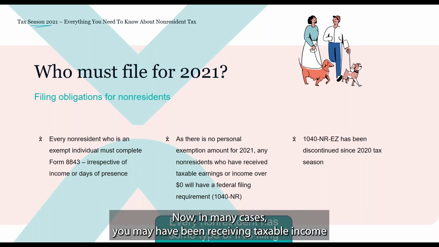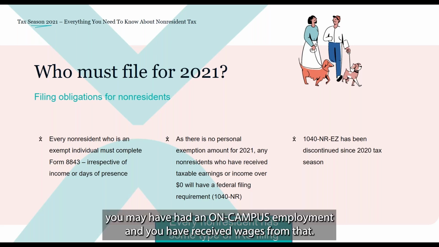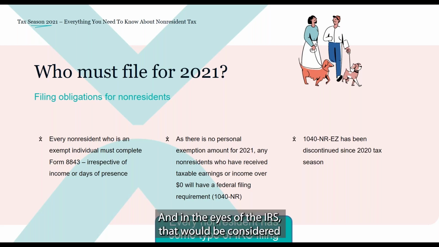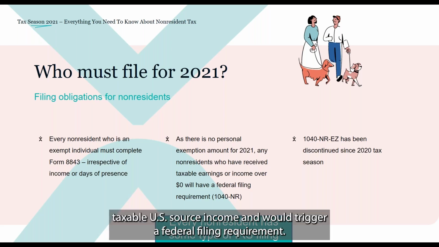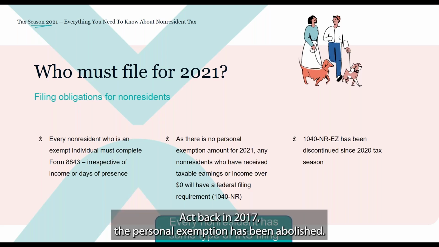Now, in many cases, you may have been receiving taxable income during the tax year. So, for example, you may have had on-campus employment and received wages from that, or maybe you received a taxable stipend or grant or allowance. And in the eyes of the IRS, that would be considered taxable US source income and would trigger a federal filing requirement. Now, as a result of the Tax Cuts and Jobs Act back in 2017, the personal exemption has been abolished.